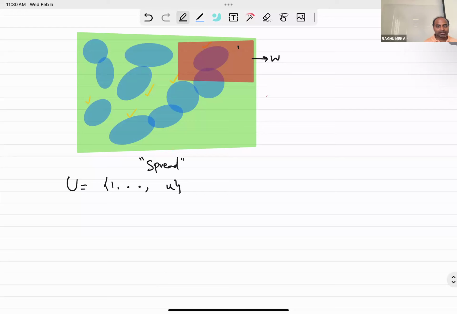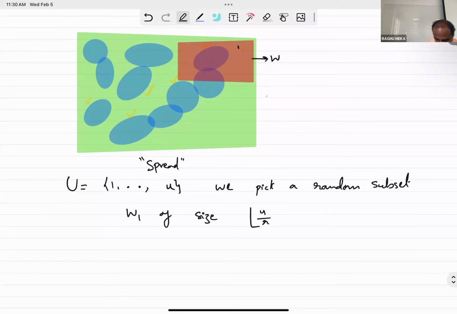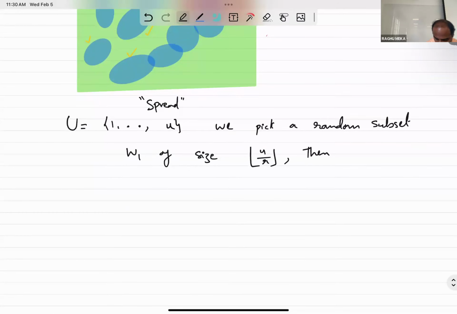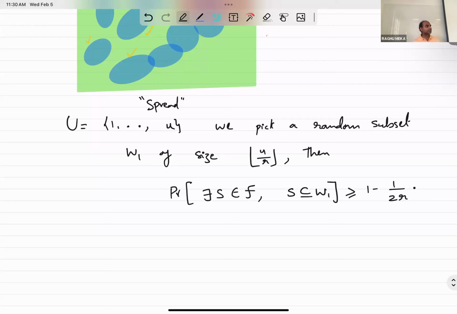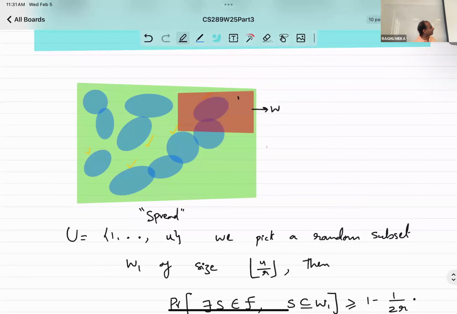So the robust sunflower lemma says we pick a random subset W1 of size U over R, then the probability there exists S in the family such that S is contained in W1 is at least 1 minus 1 over 2R. So the clever thing now is to use this to get R disjoint sets.